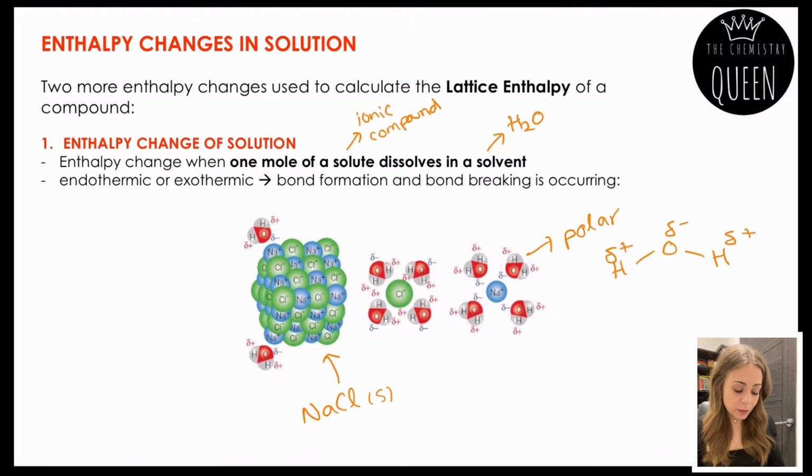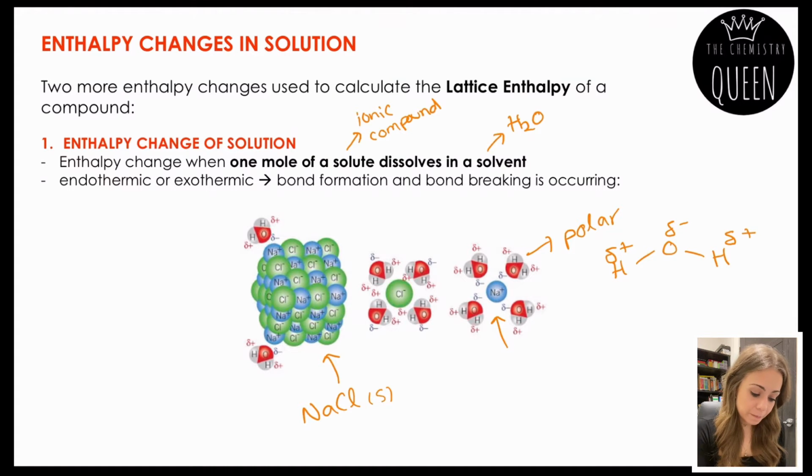There's obviously going to be attraction between the negative end of the water molecule and the positive ions, which is represented here. So we've got this positive sodium ion that's being surrounded by water molecules, with the negative end of the water molecule pointed towards the positive ion, because opposite charges attract.